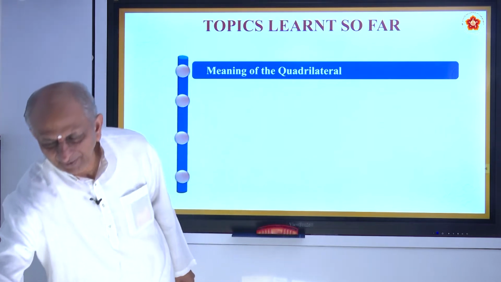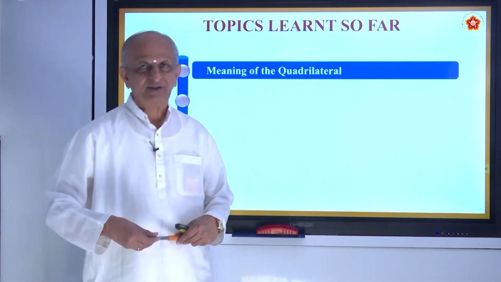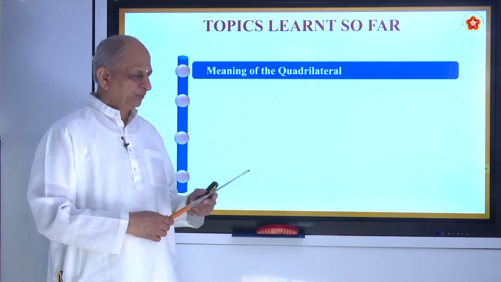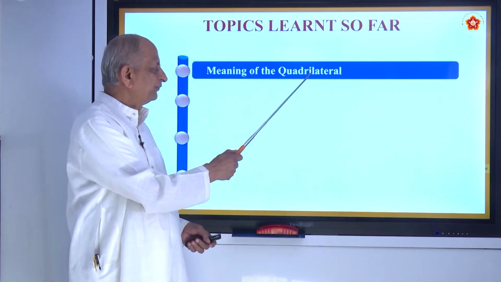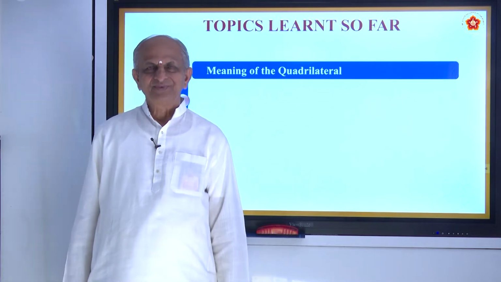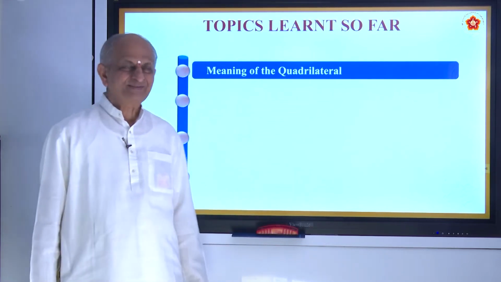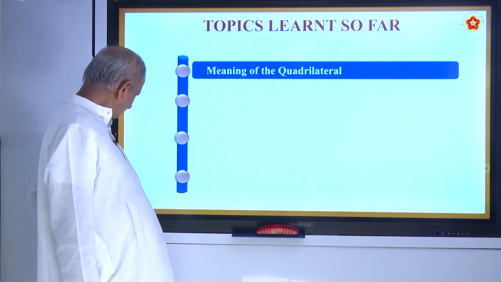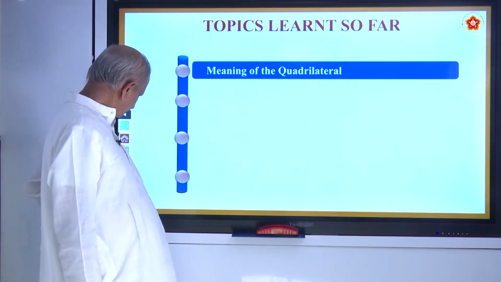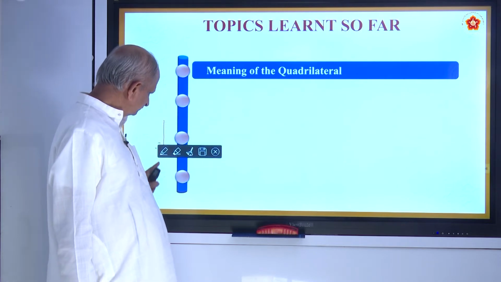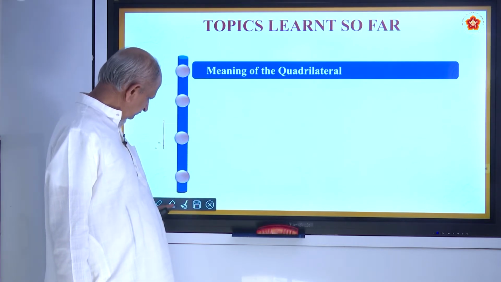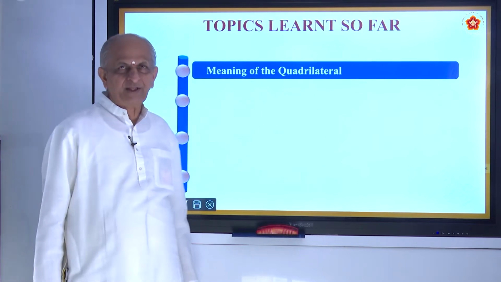So a figure having four sides is called a quadrilateral. Can I name some of the quadrilaterals? Can you name some of them?